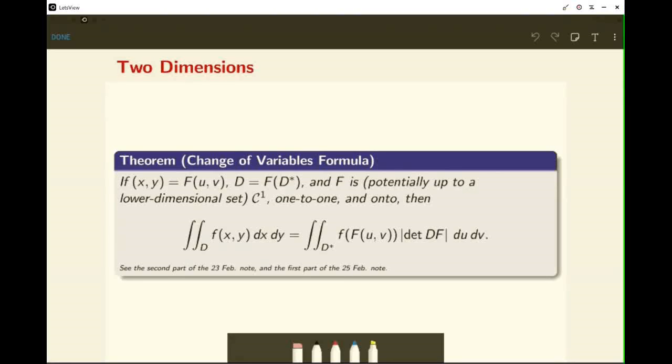It's a C1 function, so it's got a first derivative matrix, and we ensure that it's essentially an onto function covering all of D. And there's a little bit of room here for these conditions to fail on small low-dimensional sets, which comes up especially for things like polar or spherical coordinates where we're talking about angles and we've got this periodic behavior where the angle 0 and 2 pi agree.